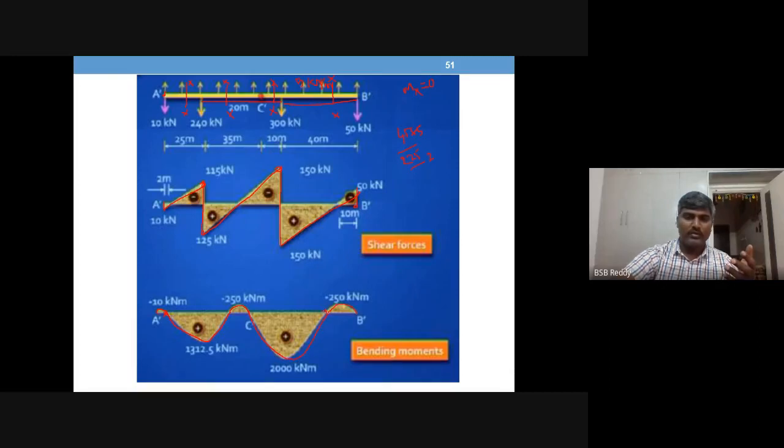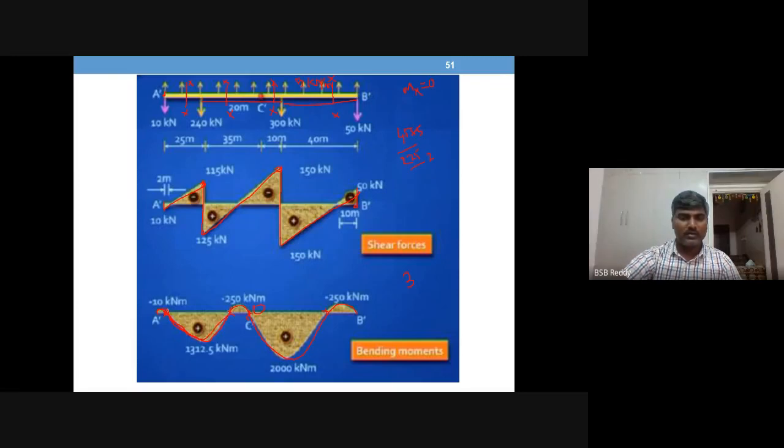Okay, so you have one, two, three points of contraflexure, and where this C dash bending moment is 0, it is already a known value because C dash is an internal hinge. So this cannot be considered as a point of contraflexure. So only where the bending moment crosses the value from minus to plus can be considered as a point of contraflexure.